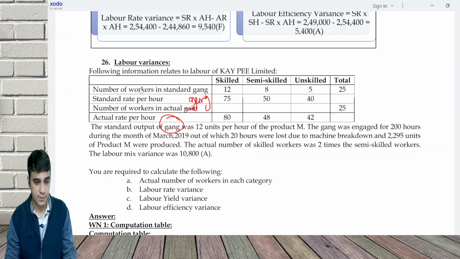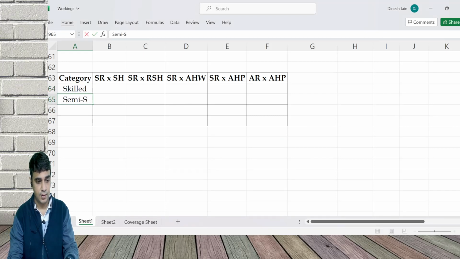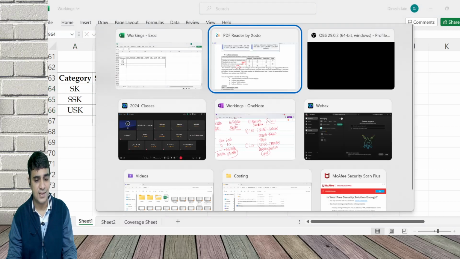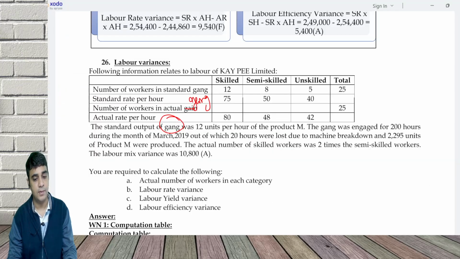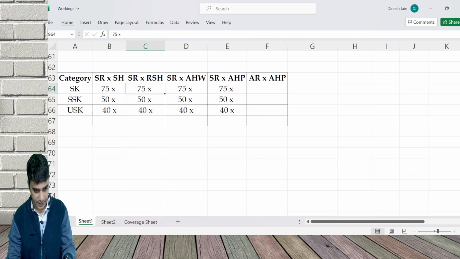What are the categories of workers we have? Skilled, semi-skilled, and unskilled. The SR is given in the question. How much? 75, 50, and 40 at 4 places.